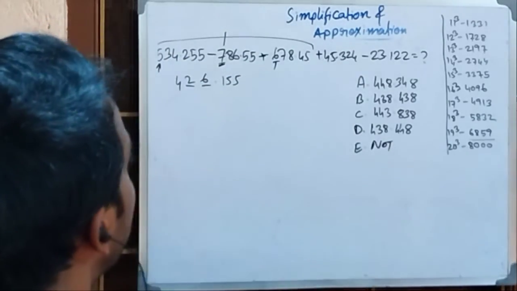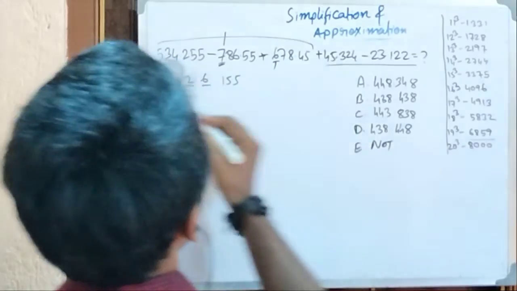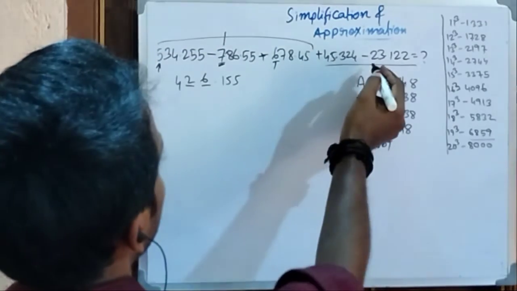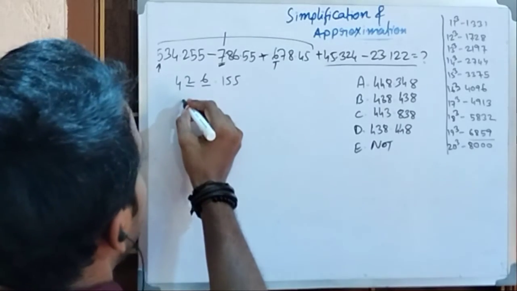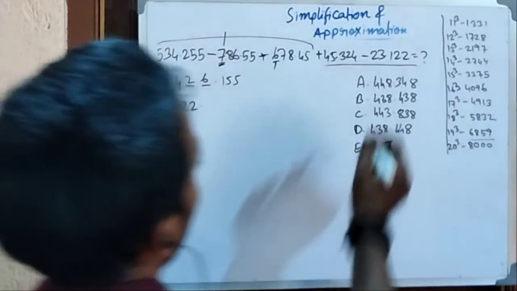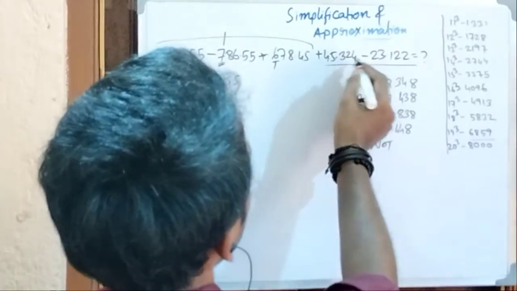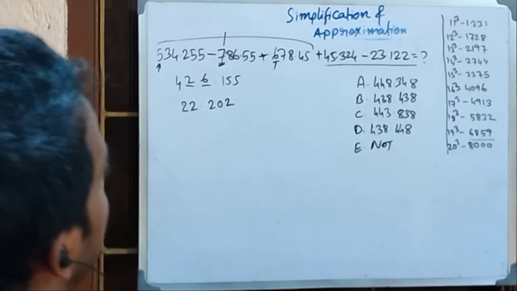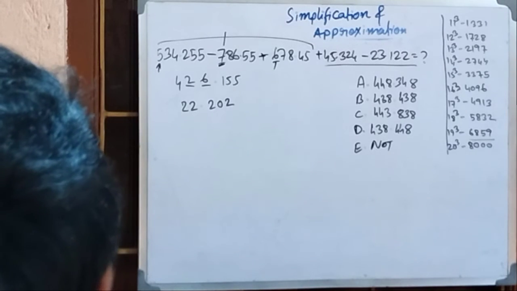Okay, now moving to this part, the 45 point something and 23 point something. This would become very easy. I can say it comes 22, right? So 22.122 and 324, so 202 comes in. Am I correct?